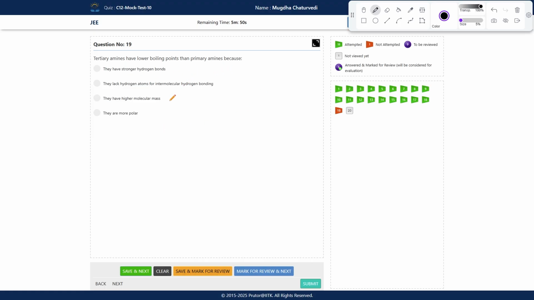In a tertiary amine, we have three alkyl groups and there is no hydrogen available for bonding. In secondary amines, we have one hydrogen available for hydrogen bonding. And in primary amines, I have two hydrogens available for hydrogen bonding.